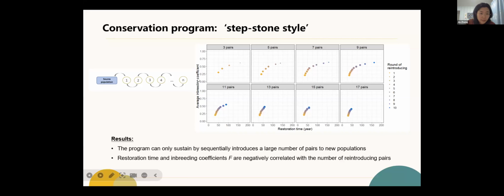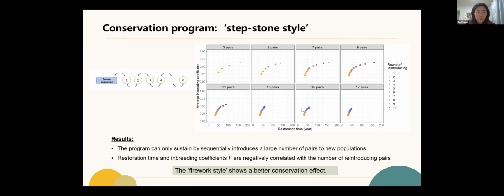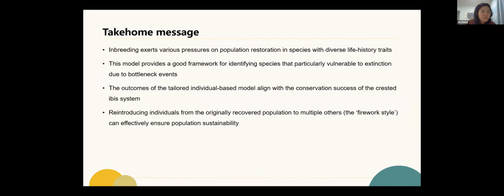But I need to remind you that the inbreeding coefficient still increased quite a lot in this manner of reintroduction. So in general, I would say that the firework style reintroduction has better conservation effects, and I recommend that style as the reintroduction strategy.